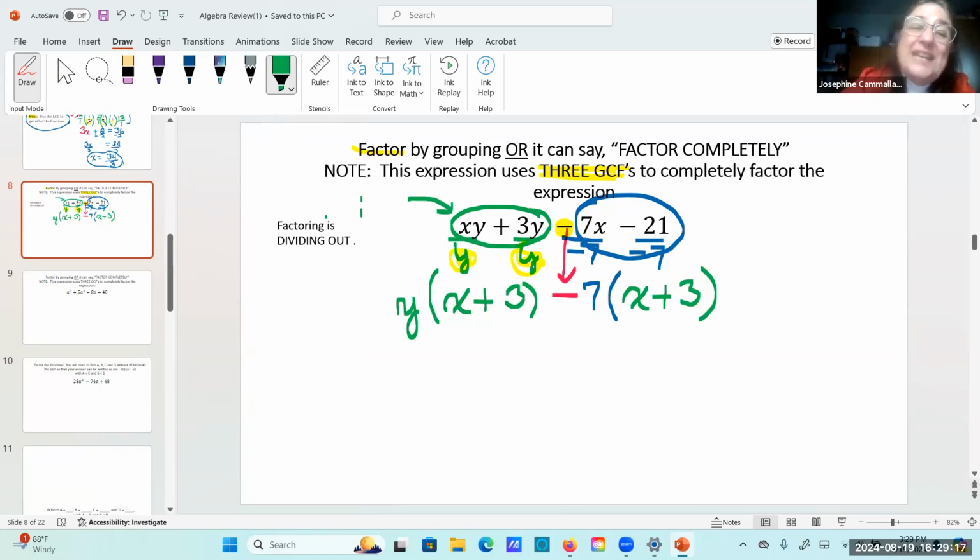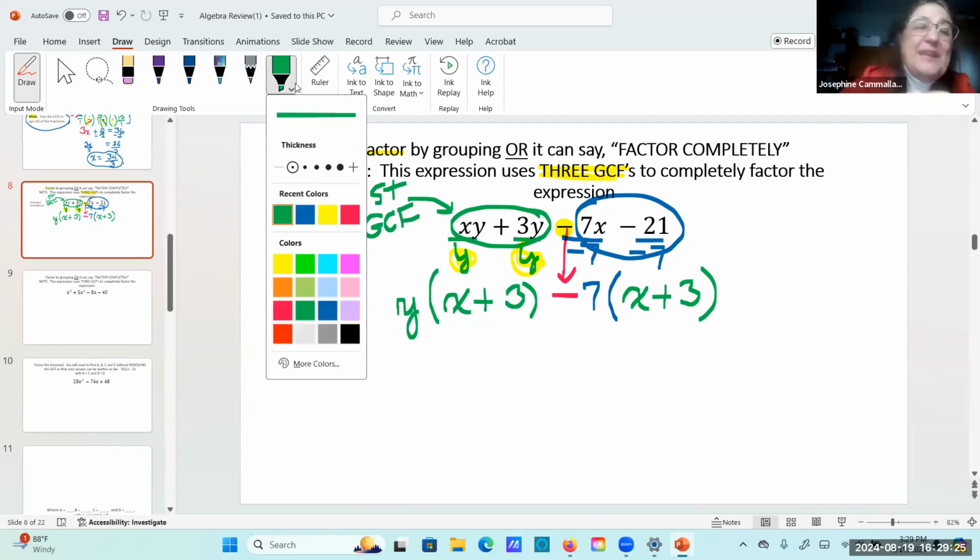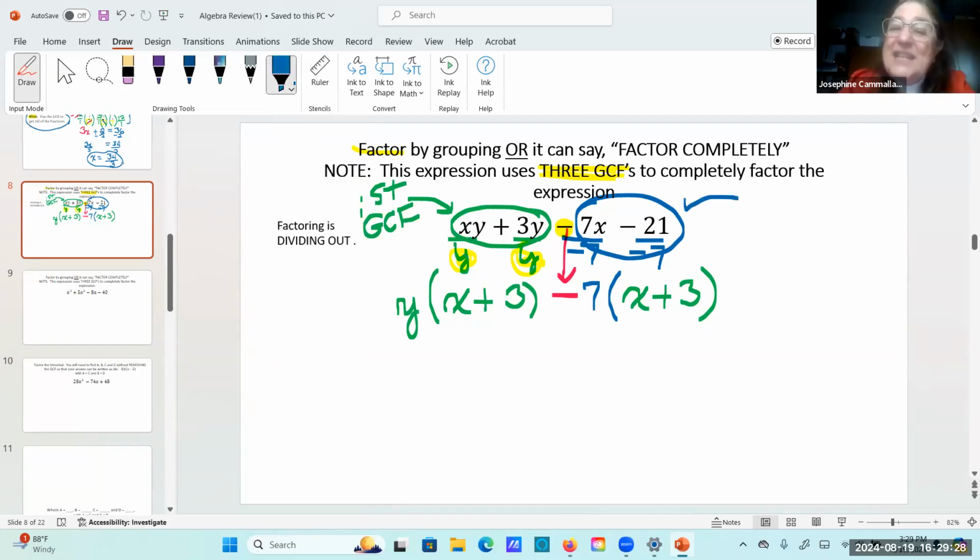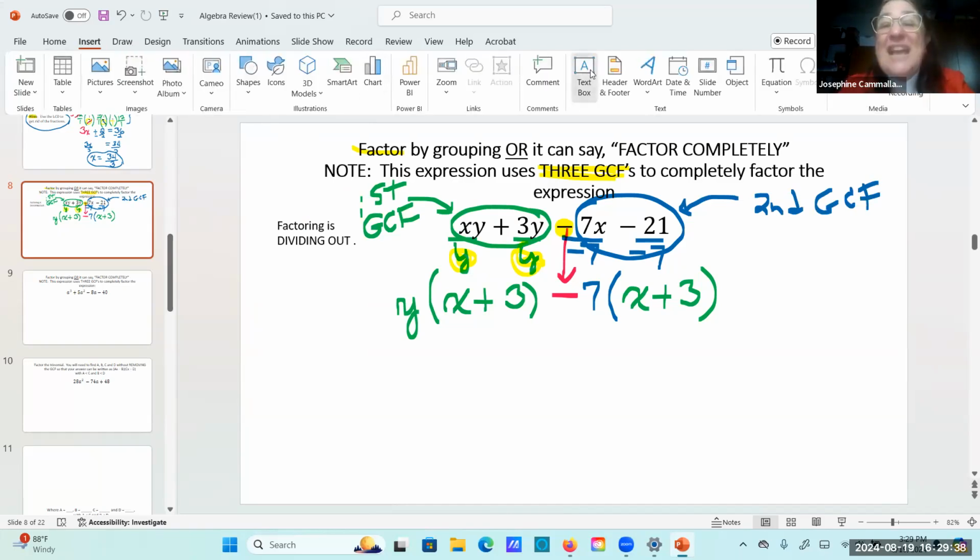This green is your first GCF. This blue is your second GCF with the middle sign.